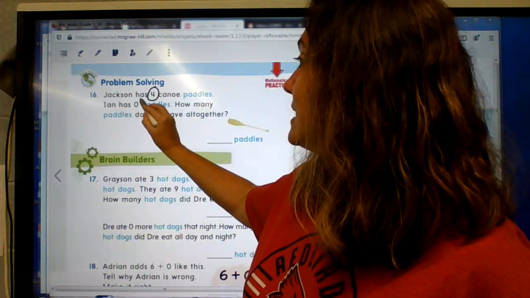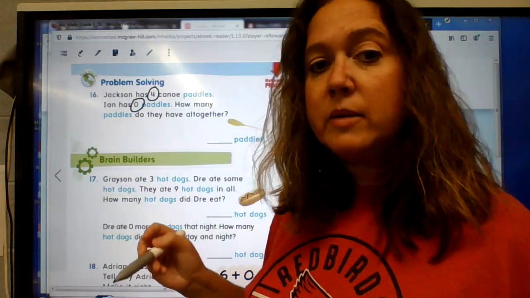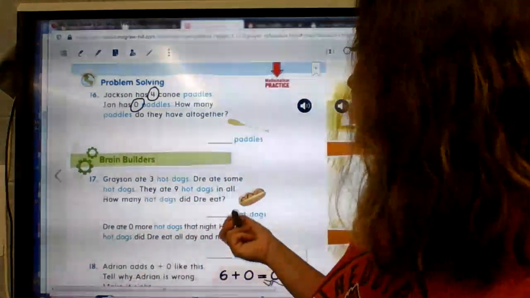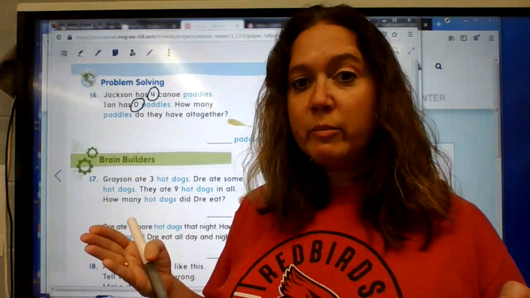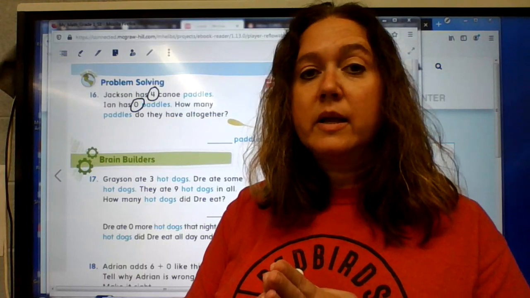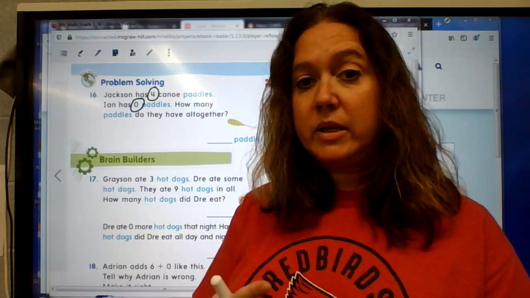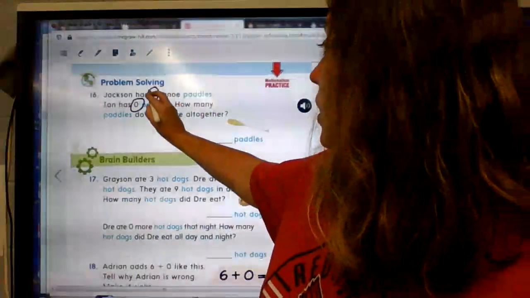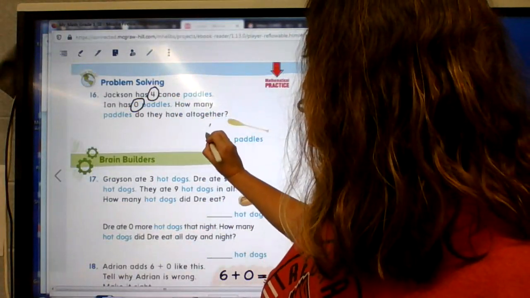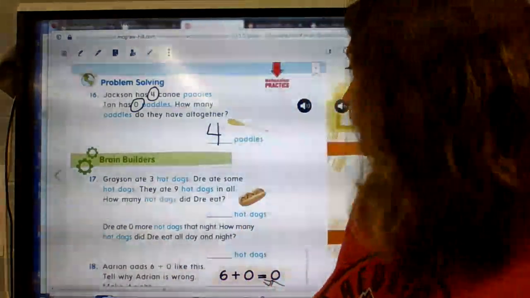Ian has 0 paddles. How many paddles do they have all together? Remember, when we add with 0, the answer is always the other number. The sum is always the other number. 4 plus 0 is 4. They had 4 paddles altogether.